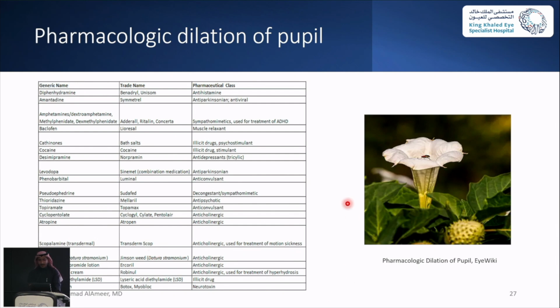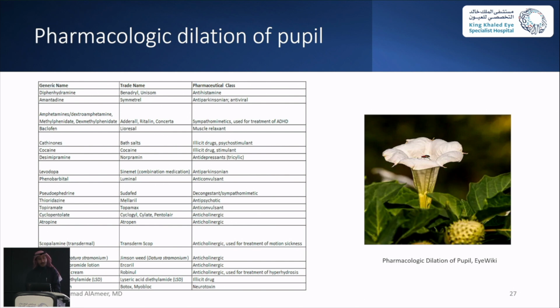This is from EyeWiki. You can look at it. The causes, the agents that might cause dilation of the pupil. These include antihistamines, amphetamines used illegally or as a treatment of ADHD, cocaine, treatment for Parkinson's like levodopa, anticonvulsant medications, or the patient is using atropine or scopolamine patches for motion sickness.